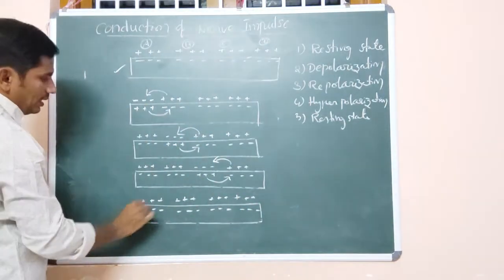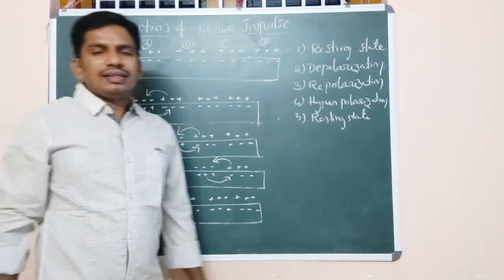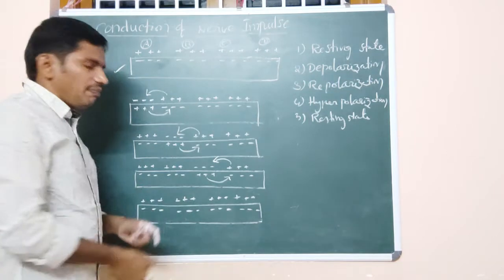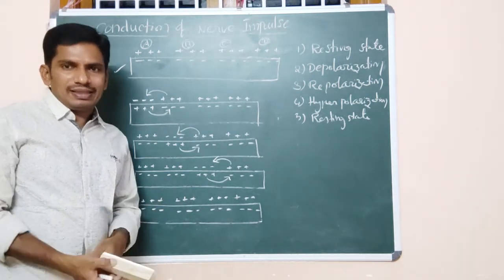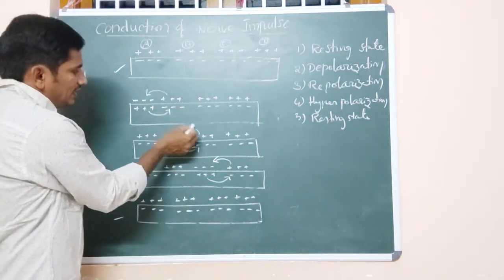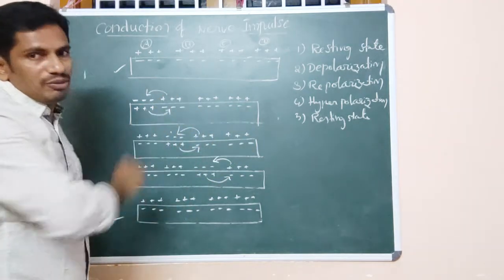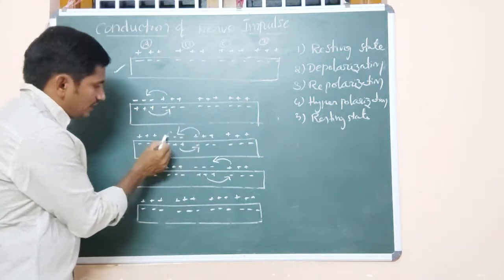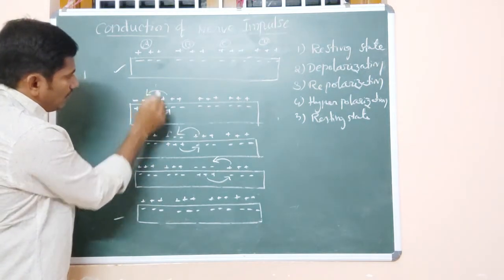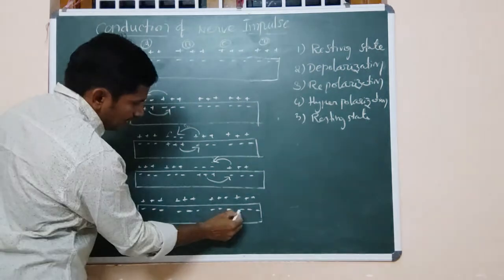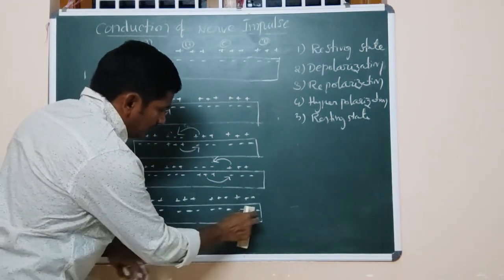See, these two again come back to the same ion channels, due to the change in permeability, they will be conducted like this. In this movement, they will jump from here to here, here to here like this. This is saltatory movement. From here to here, and here 1, 2, 3, you have to write like this.